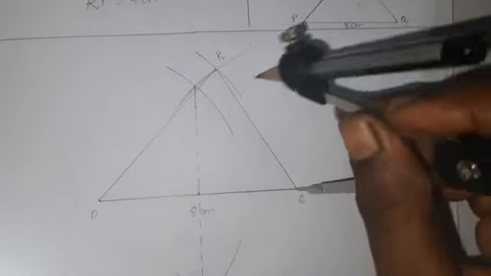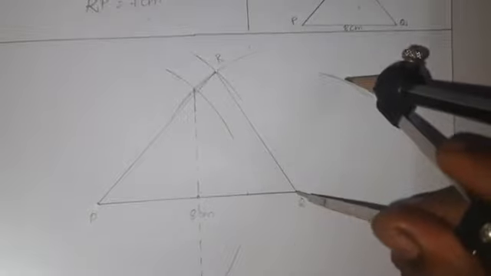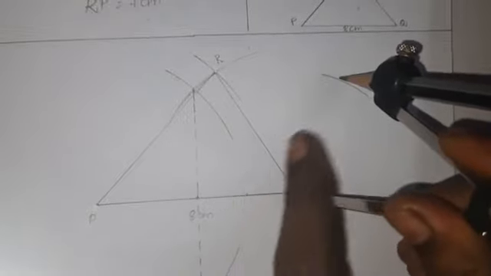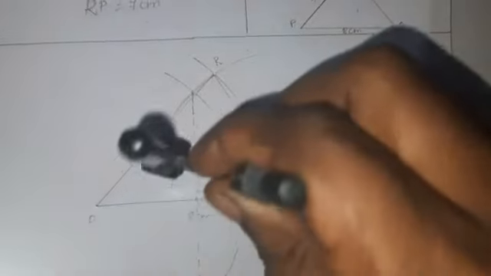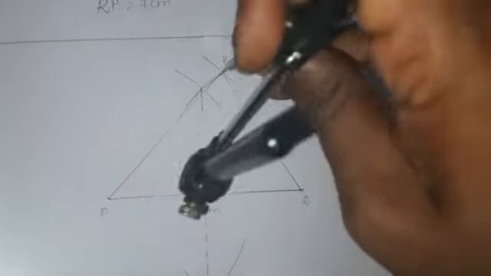So this is the line segment, and draw the arc like this. This is the line segment QR. So below the line and above the line I have drawn. Okay, then with the same radius that you have taken here, keep it at the end of the line segment R and cut this one.